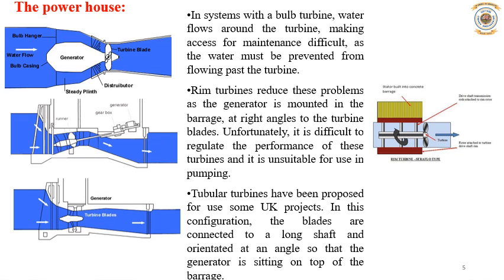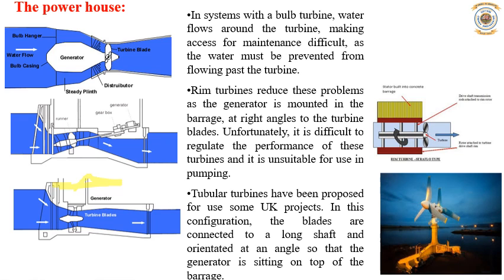You can see here the generator situated at the top of the barrage. So these are the three types of turbines. You can see one more sketch.